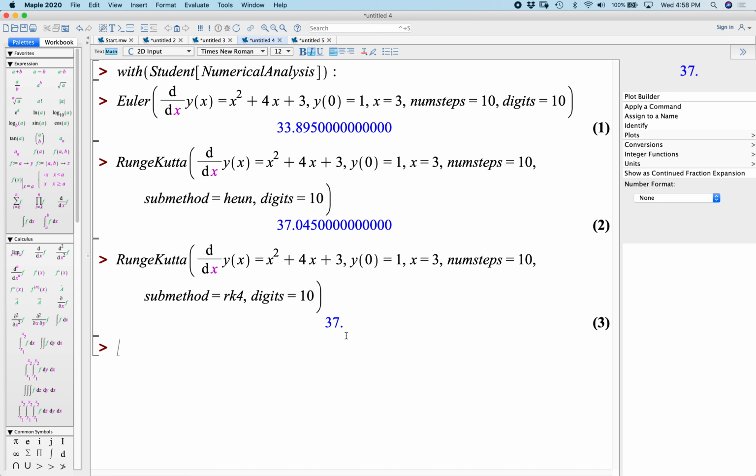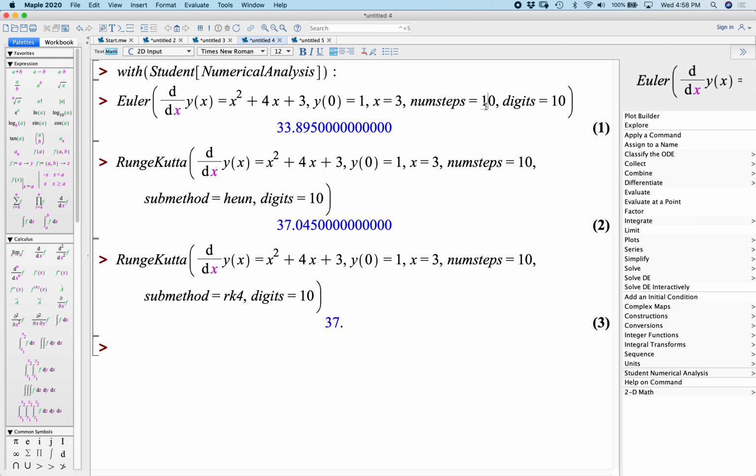If I expanded the number of steps for Euler to 20, I'd be getting closer. At 50 steps, getting closer. Even at 100 steps, I'm still not as accurate as I am with only 10 steps with the Runge-Kutta.